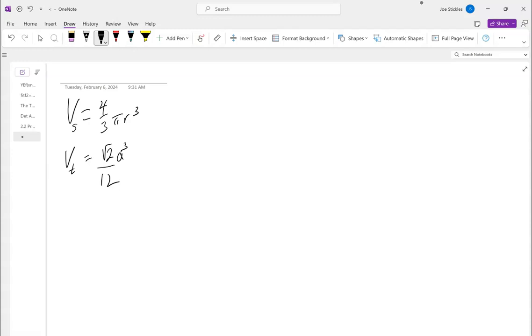Okay. All right. So we also know surface area for a sphere would be 4 pi r squared. And then we also have surface area for a tetrahedron.